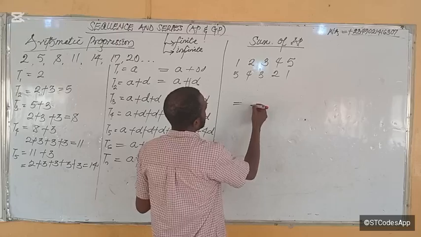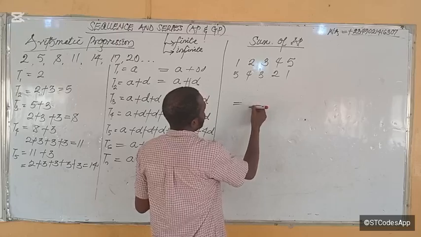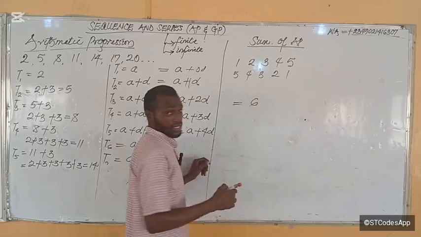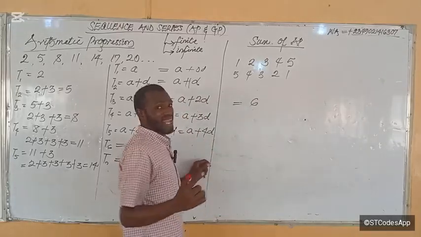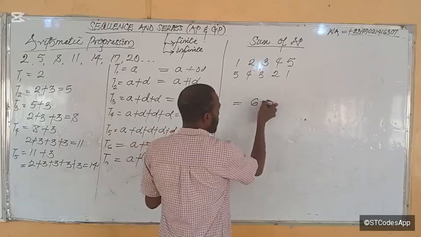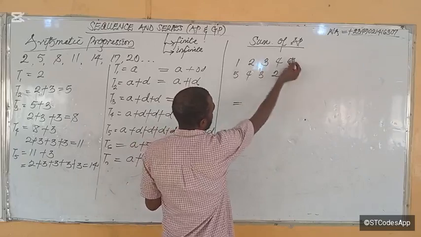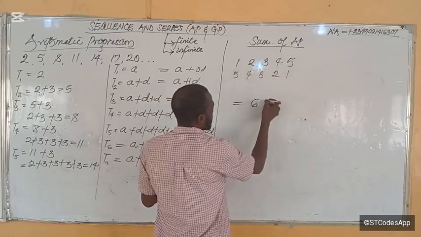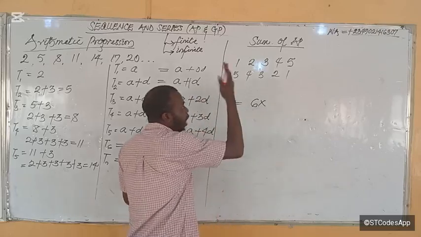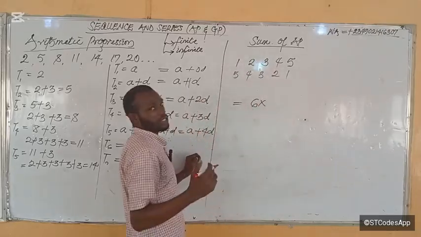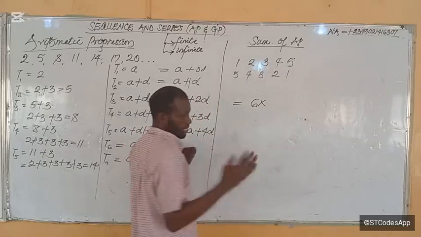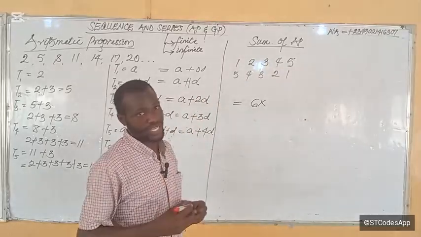You're going to get 6, right? Now you multiply that 6 by how many expressions you have there. It's a very simple idea.